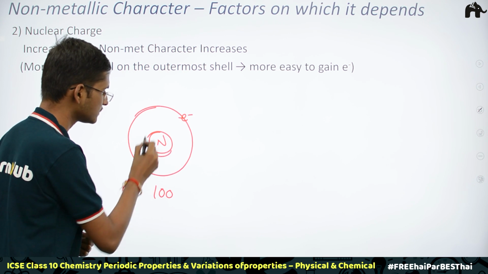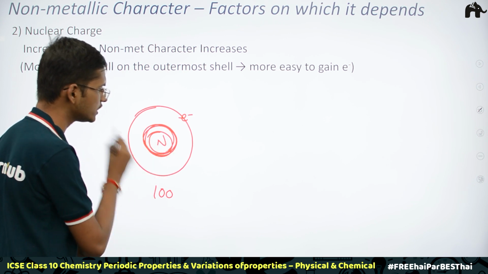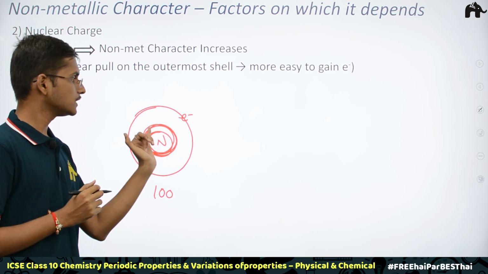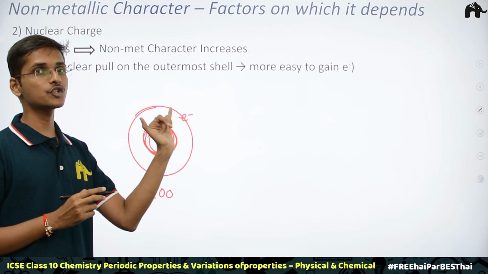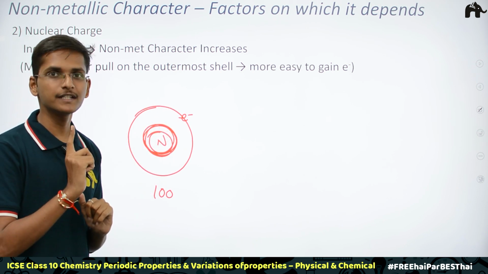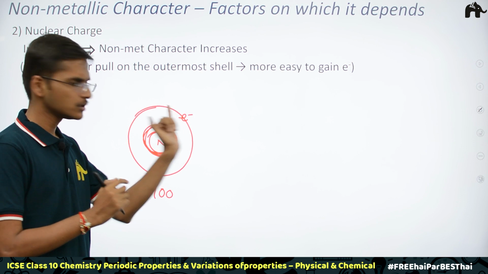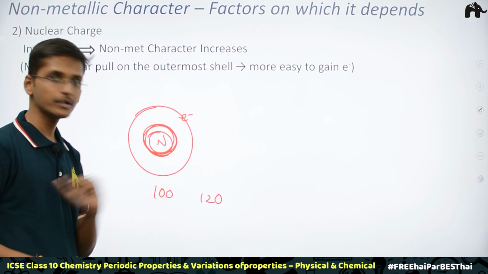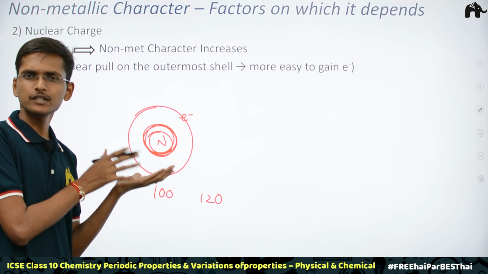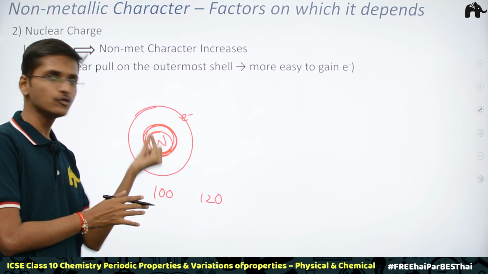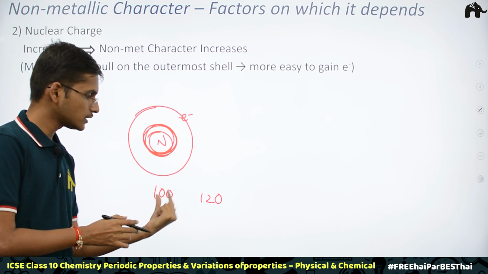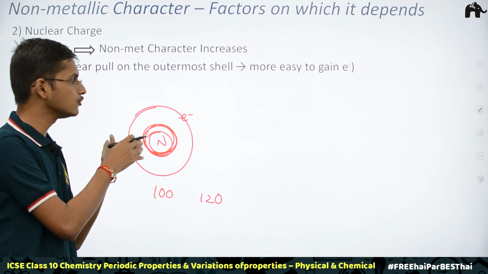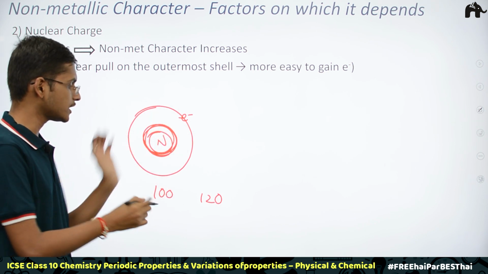So after increasing the nuclear charge, the influence on the outermost shell would definitely increase, right? It would be more than this. So 120. Now is it clear to you? When we increase the nuclear charge, the attraction or the influence of the nucleus on the outermost shell also increased.